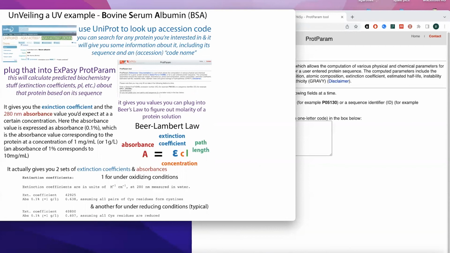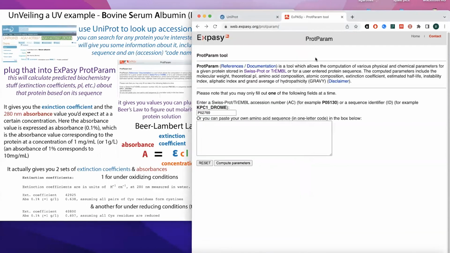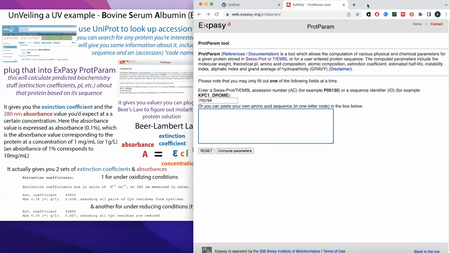So you're going to have these custom protein constructs, different versions of the protein that you've made, and you want to know information about those proteins. You can paste that sequence in here and get the information for the one that you're using, because remember that's going to influence the extinction coefficient, the PI, etc. So that's the basics of using Expasy ProtParam, and I hope you find it helpful.